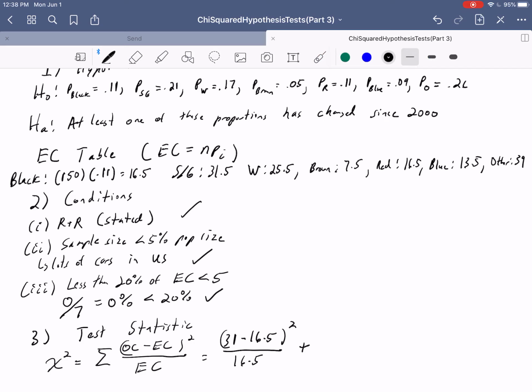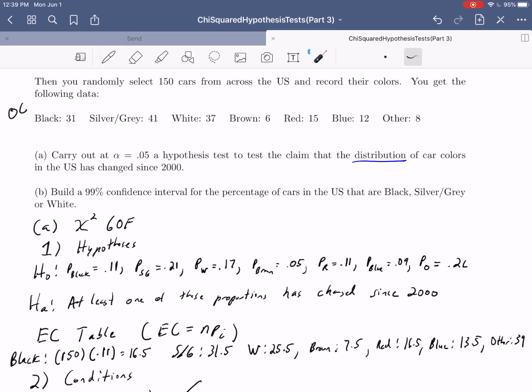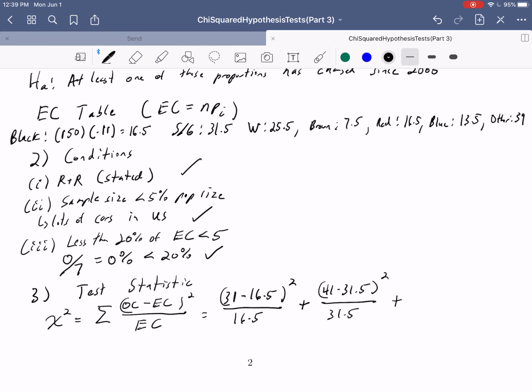So we'd have plus 41 minus 31.5 squared over 31.5. Then next, we observed 37 white cars versus an expectation of 25.5. So we'd have plus 37 minus 25.5 squared over 25.5.